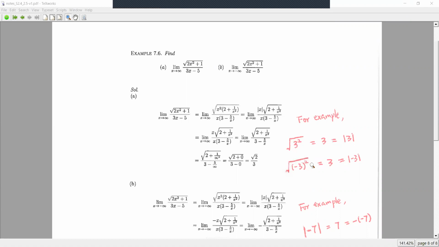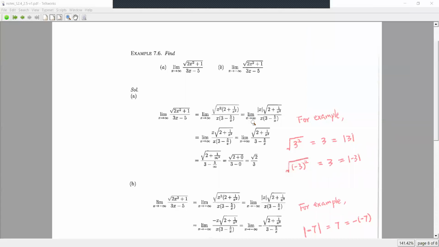However, when we take square on negative 3, then take square root, from a calculator, the answer is also positive 3 rather than negative 3. So when we cancel square and square root in this case, don't forget to add an absolute value on negative 3 to make sure this number is positive.